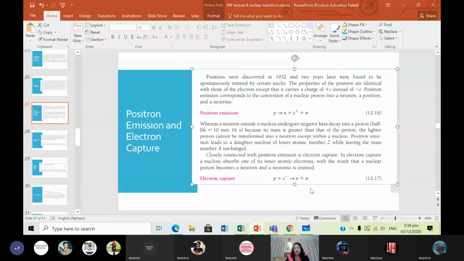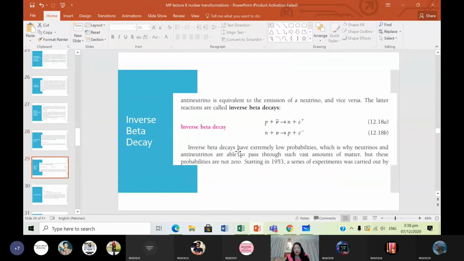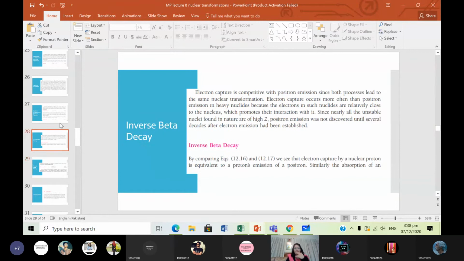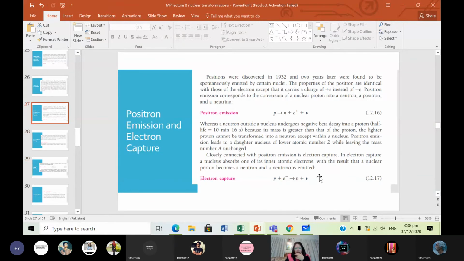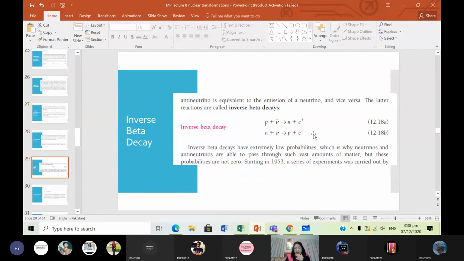Similarly, we take this neutrino to the other side of the equation, it becomes an antineutrino, and we take this electron and it goes on the other side of the equation. So these are two reactions that define inverse beta decay, but they have very low probabilities to occur. That is why neutrinos and antineutrinos are able to pass through.